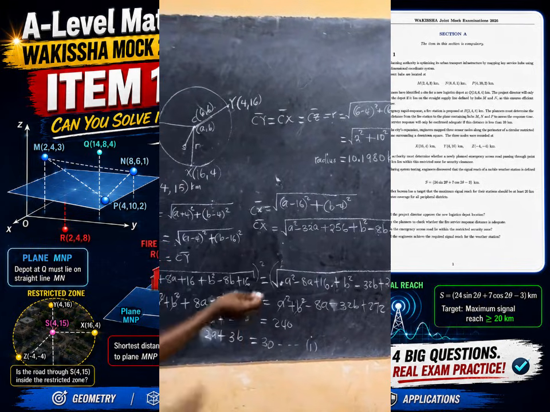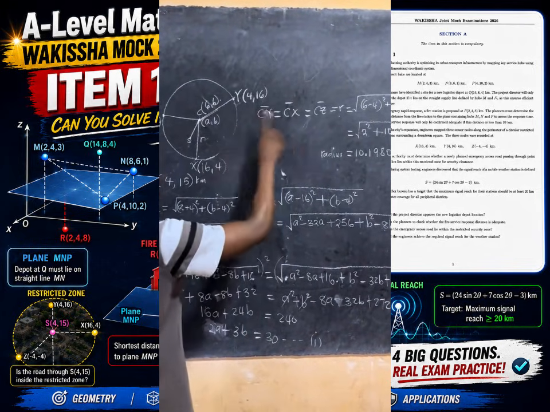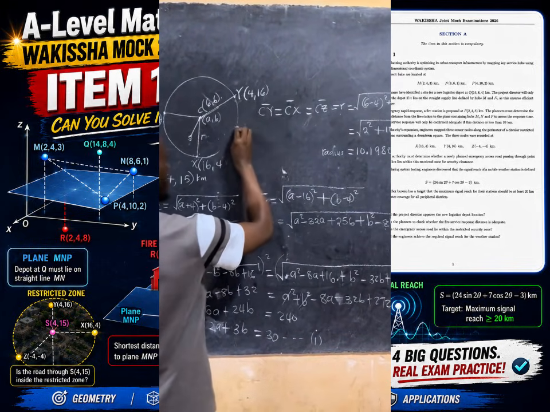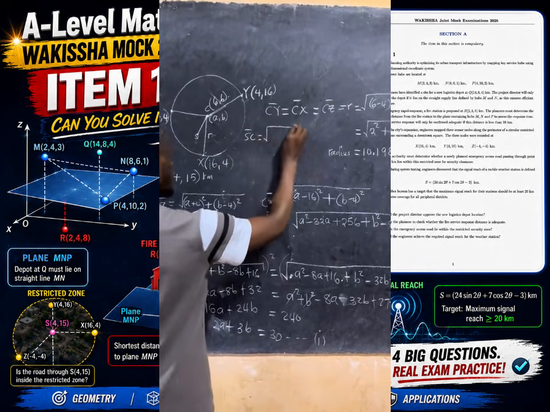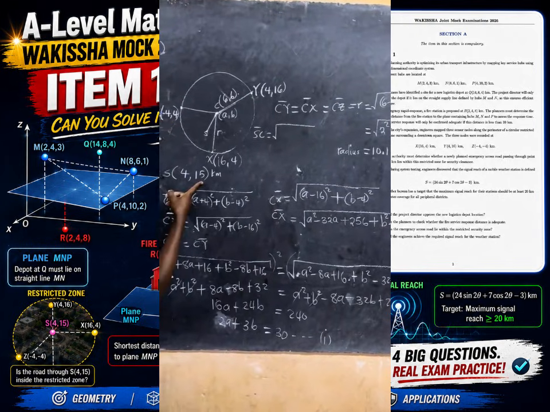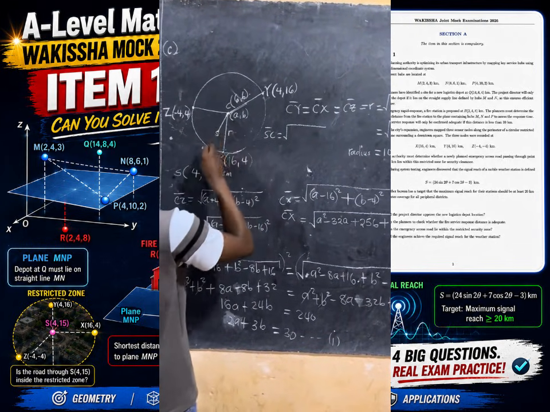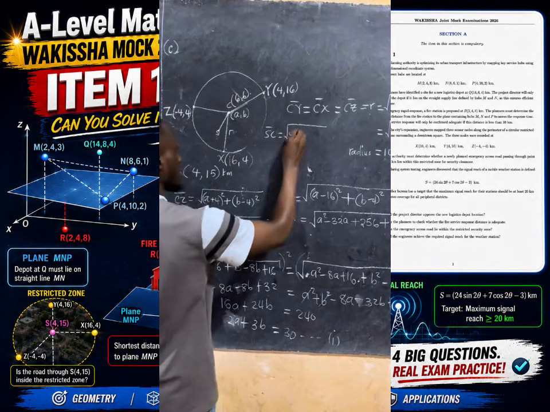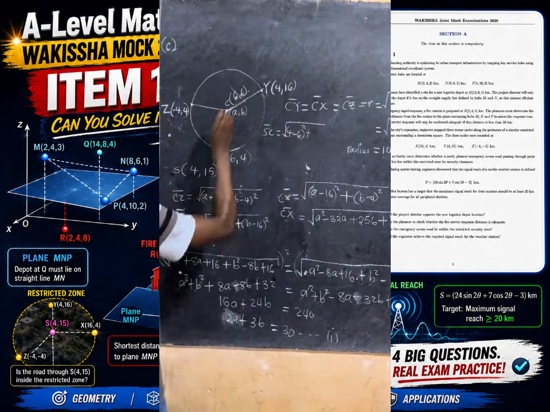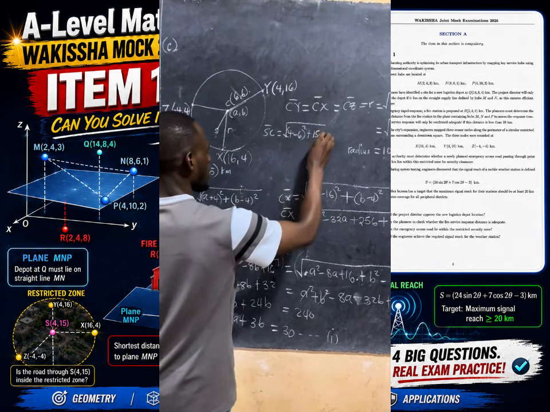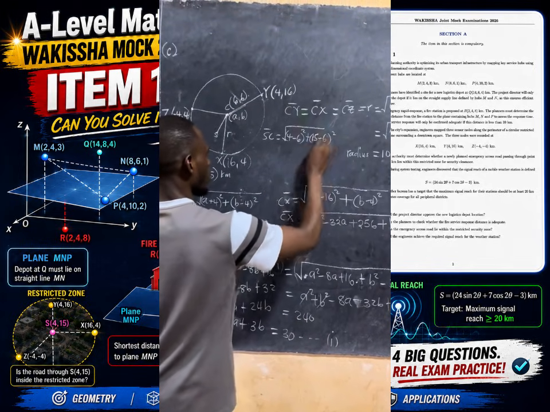Now I need to get the distance SC. S was given as (4, 15), so it is going to be the square root of (4 minus 6) squared plus (15 minus 6) squared.